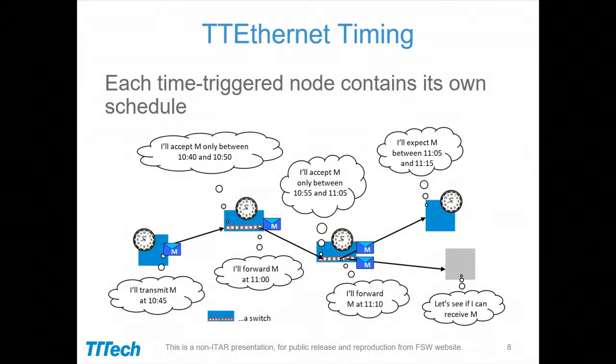There's always a plan for what time it's going to be transferred and what time it's going to be received by a switch or an end system. And we also have the non-time-triggered end system in this example. It can be a part of the network, but it doesn't take part in time-triggered communication. So it just receives that frame M whenever it comes. It doesn't have a receive window.